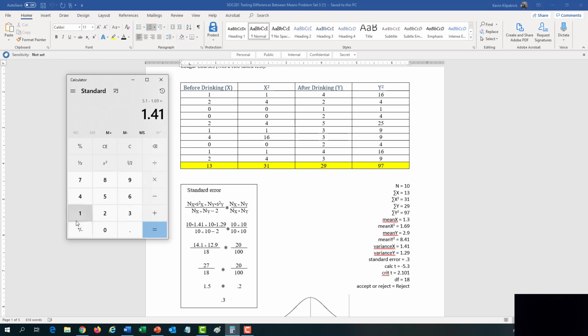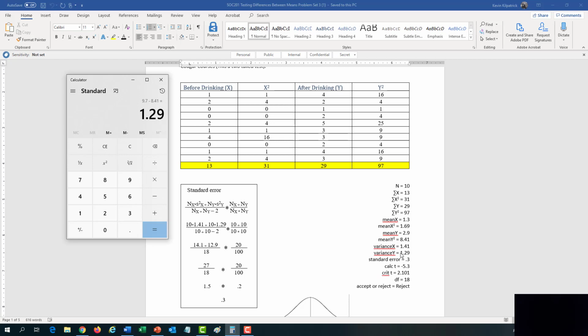So let's try that. 9.7 minus 8.41. Oh my God, it's so nice when it works, isn't it? 1.29, and that's what I have right here.